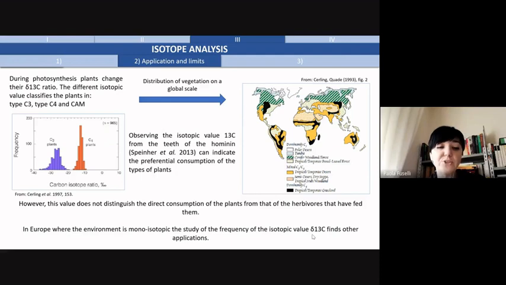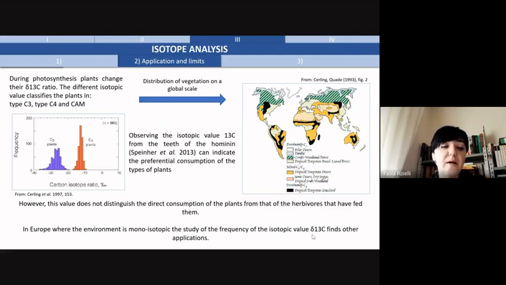The application of delta C13 measured in hominin teeth can define diets that make greater or lesser use of photosynthesis plants C3 or C4. It's important to underline that the delta C13 value does not distinguish between the direct consumption of the plant and the consumption of herbivores that have eaten them.